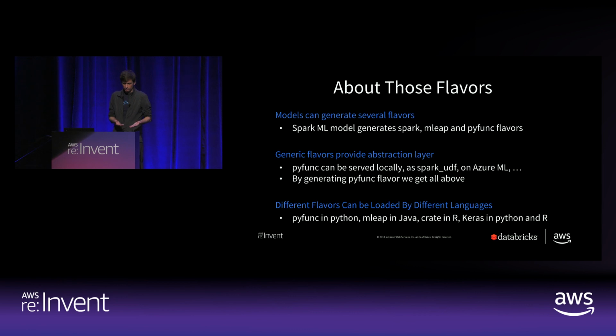Someone else might just want to score it without knowing anything about it. In some cases, for example, Spark models can be exported in the MLlib format, which provides more efficient online scoring, or the Spark format, which provides better support for batch scoring in Spark. So flavors are really a tool to give us flexibility to represent any model in several different ways.